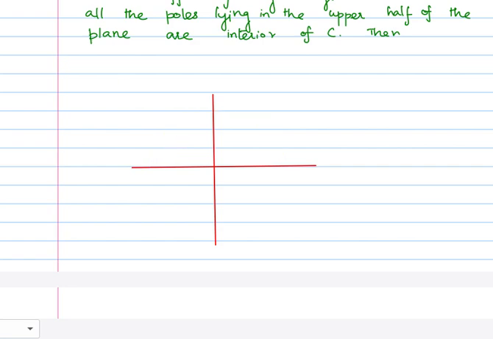This is my curve C, and this is the interval minus r to plus r.